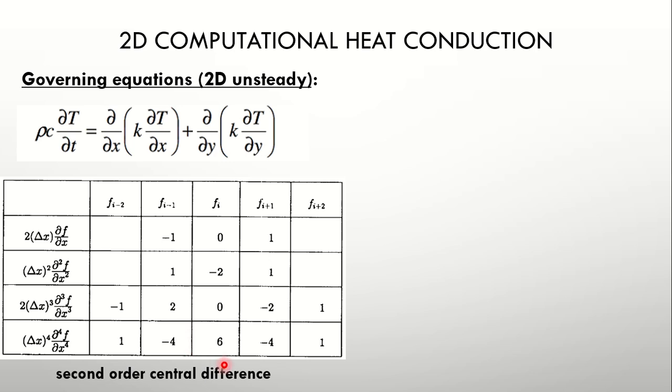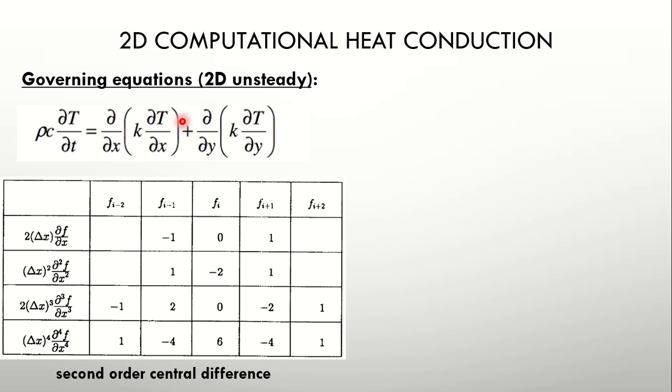So what we typically do when solving these type of equations is that, see, if you have second order, that gives you more accuracy. So always we want to have more accuracy in our solutions. And also we don't want to go into too much computational time by taking too much of i plus 2, i minus 2 and so on. Okay, so we just stick with the second order central difference, say for this ∂T/∂x.